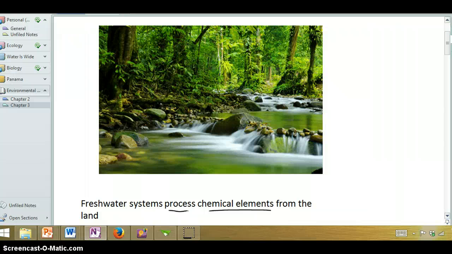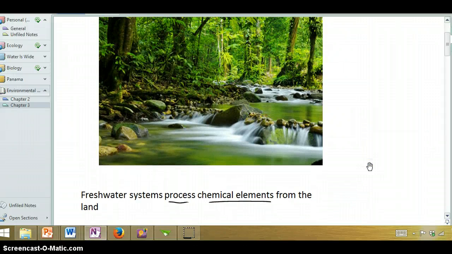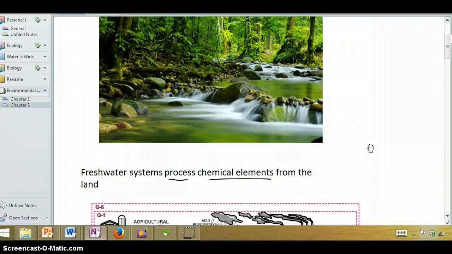But as it's falling through the vegetation and over and through the ground, it can modify the chemistry of that system. And so it can cause or allow for certain chemical reactions to occur and take certain elements, certain compounds, certain molecules from the land into the water and out to sea.